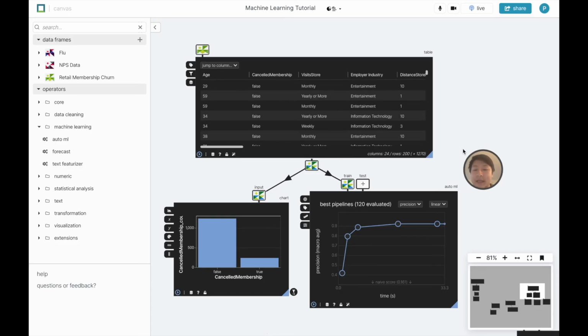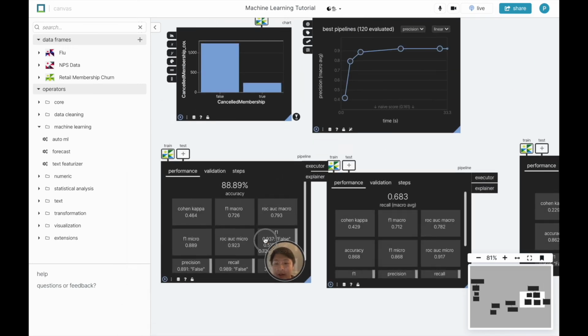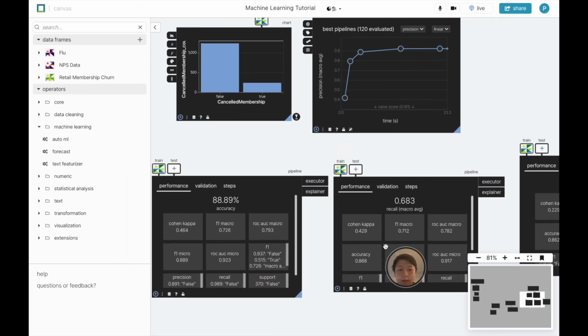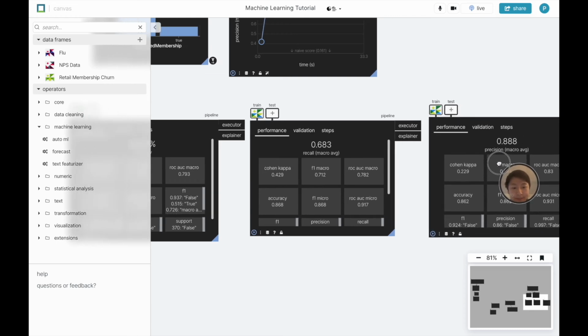Jumping over to the same example that we used for the precision, recall, and accuracy use case, we have a key variable of cancellation of membership for customer churn and some other factors about the customer in the store. We left off on producing a model for accuracy, recall, and precision.